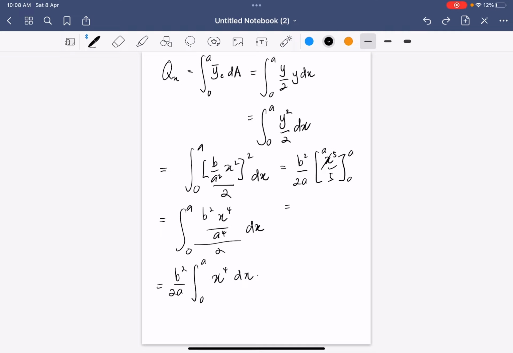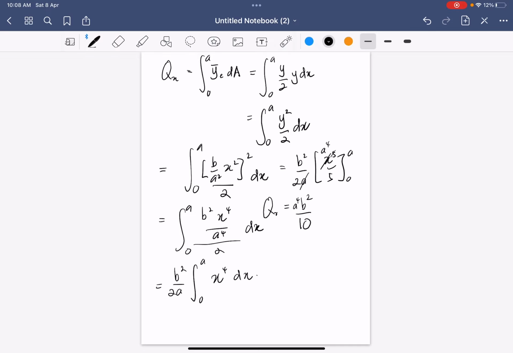The equation now becomes b squared over 2a to the power of 4, times a to the power of 5 divided by 5. Now this can be cancelled out, so this becomes a to the power of 1. Simplify this and you will get a b squared over 10. So this is Qx.